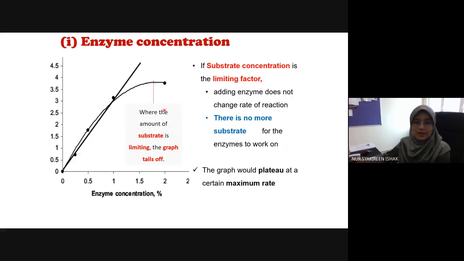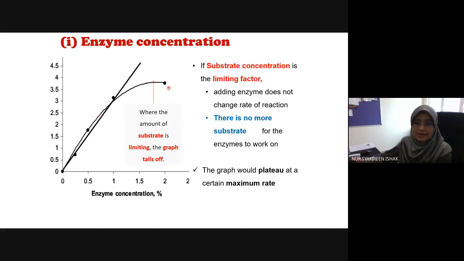So this is the graph here. Where the amount of substrate is limiting, the graph will reach its maximum rate of reaction. Adding more enzyme to the reaction is of no use. No point adding enzyme when you have a limited amount of substrate. So this produces this graph.